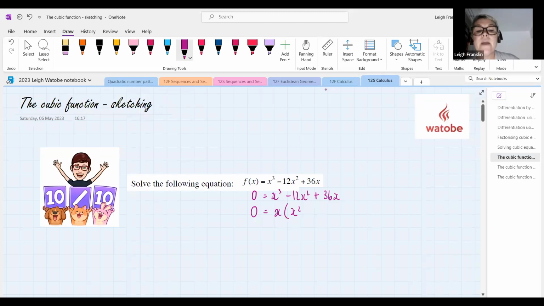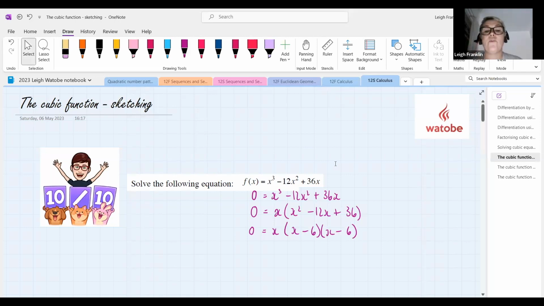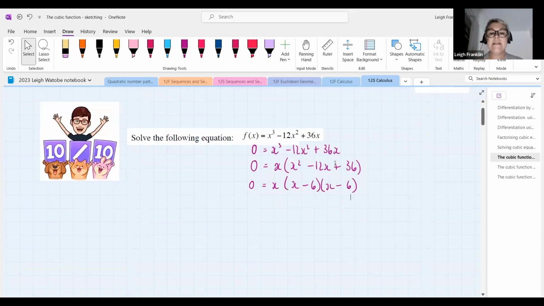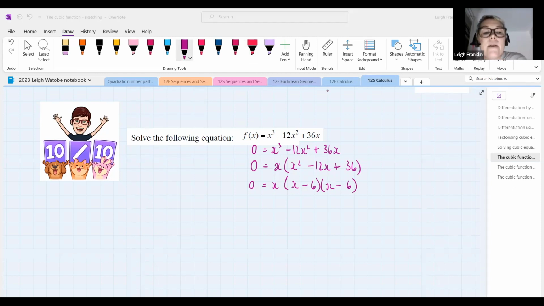That leaves us with x squared minus 12x plus 36. Once we've done that, we can factorize the resulting trinomial. In this case, it would look like this. Now the question is, how many distinct solutions for x will I have? Good, Natalie, well done. I have 2.